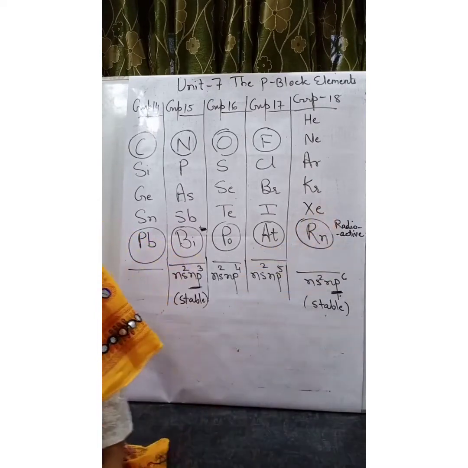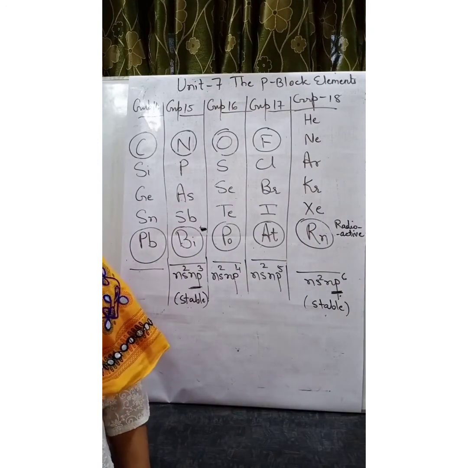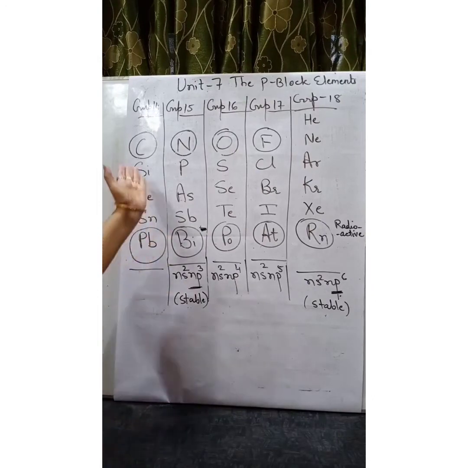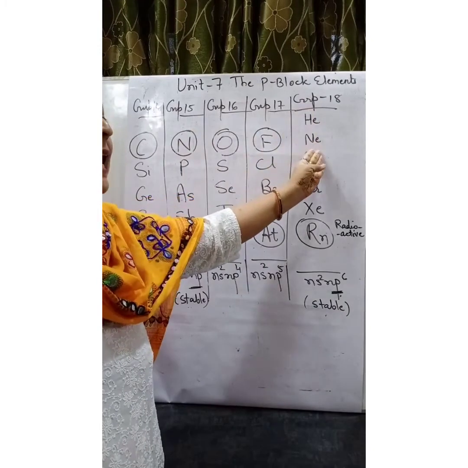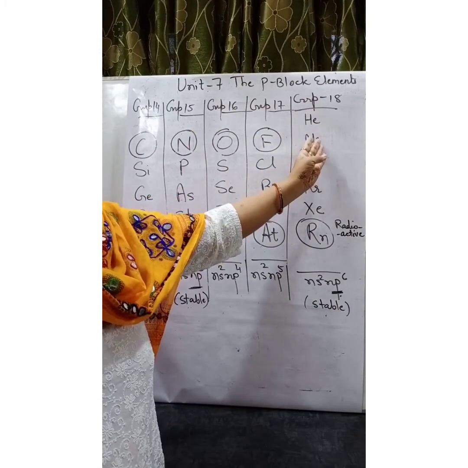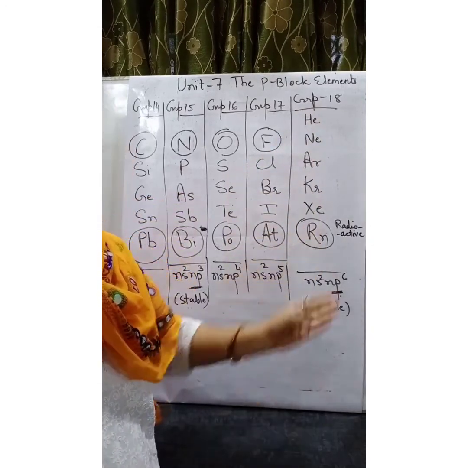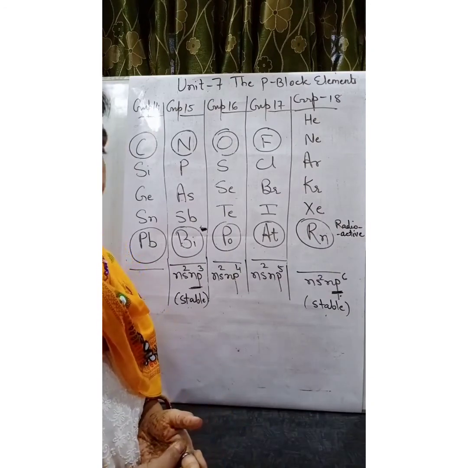As a result, weak dispersion forces are active between the atoms, and as a result of that, if you see the corresponding period, group number 18 shows low melting and boiling point. However, as we move from top to bottom, the melting point and boiling point increases.